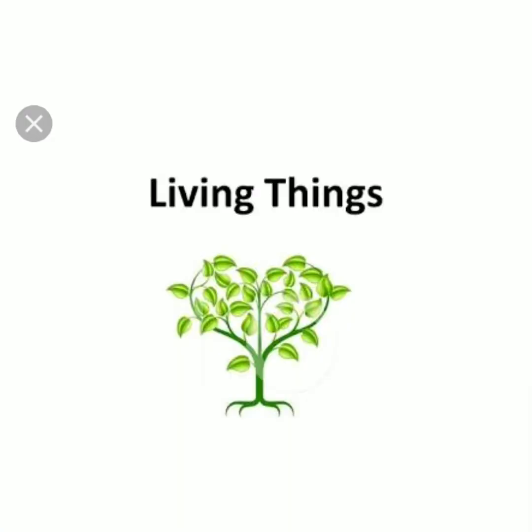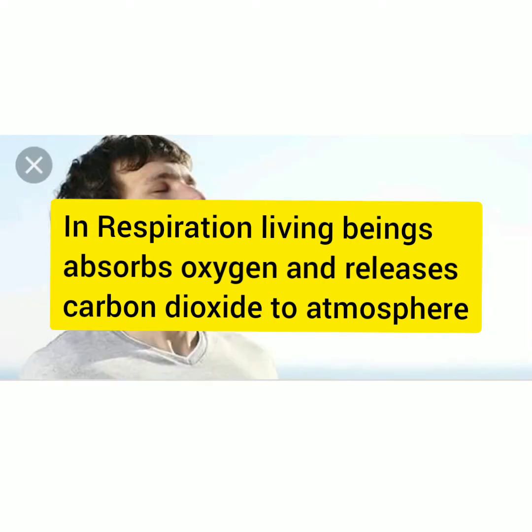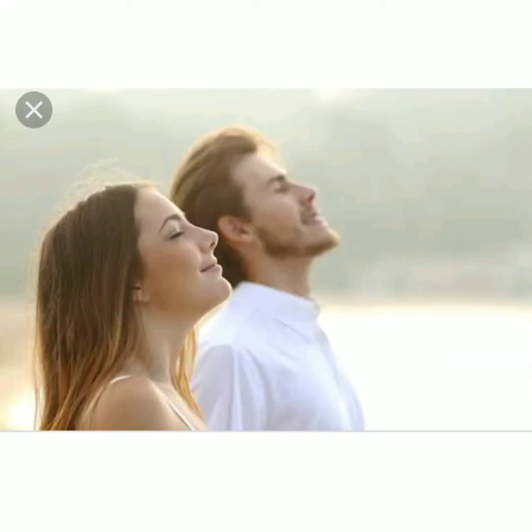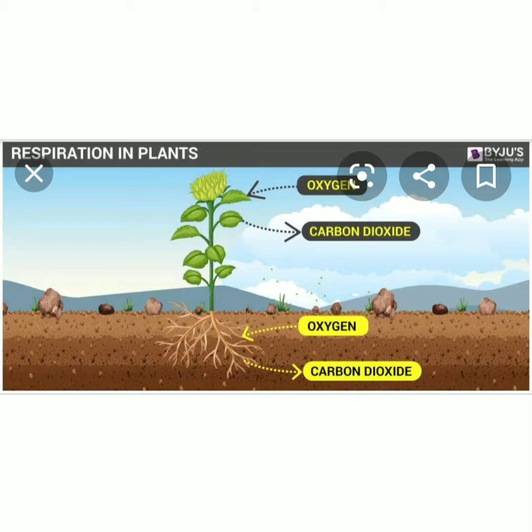Now you know very well that all living beings should respire or breathe. In breathing, we absorb oxygen from the atmosphere and in turn return carbon dioxide to the atmosphere. Plants are also living beings, so they also respire. The plants respire all day and night. But what will happen at night? Photosynthesis cannot take place at night.